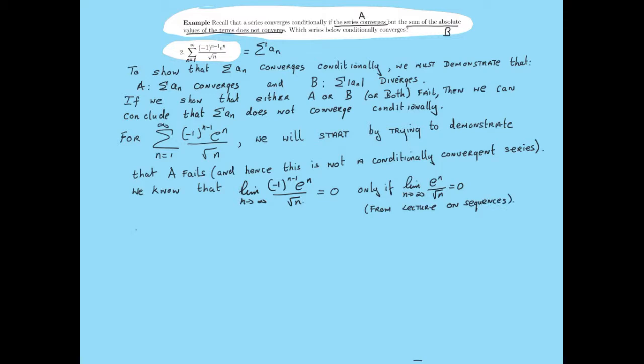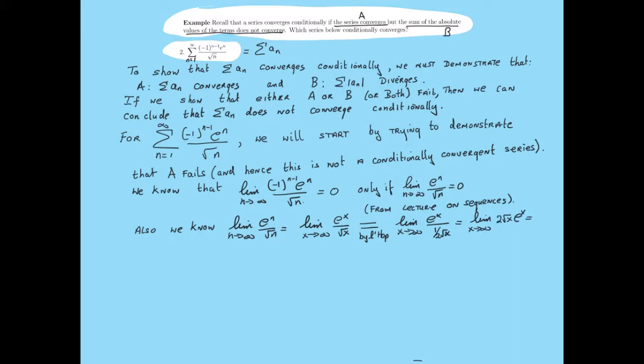And now we can calculate the limit as n goes to infinity of the positive part, e to the n over the square root of n, using L'Hopital's rule. And we see, once we've differentiated appropriately and calculated the limit, that this limit equals infinity.